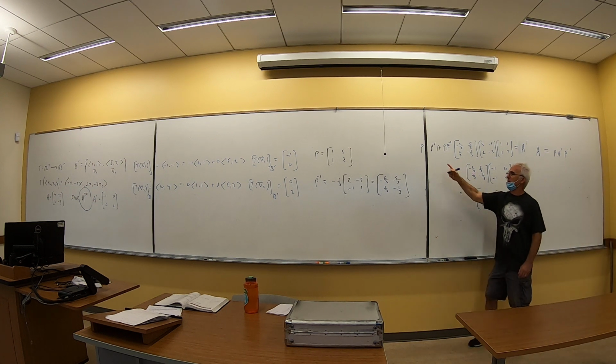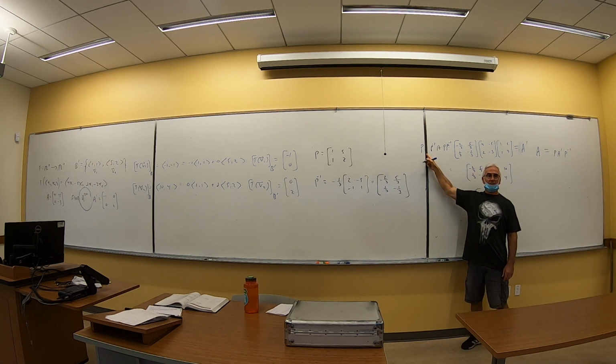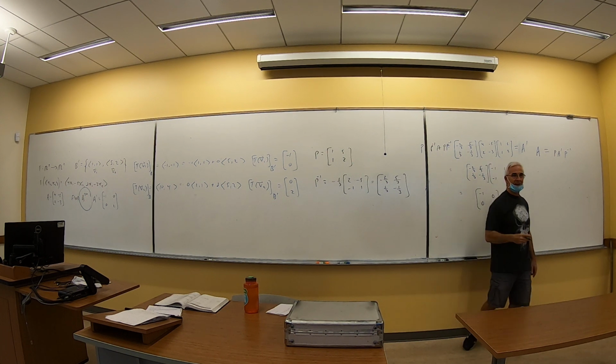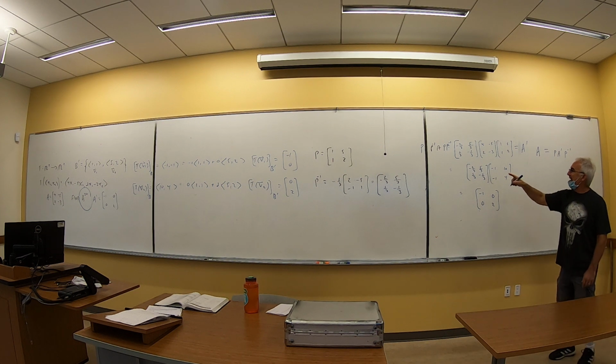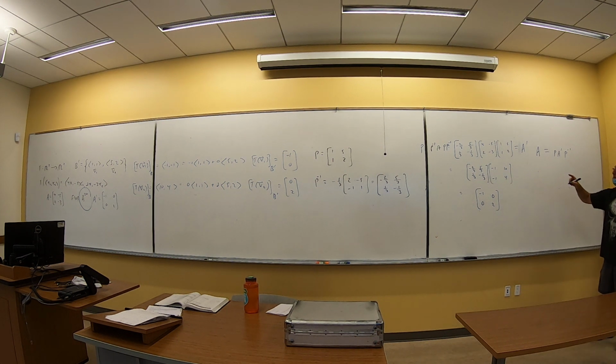Because what's P times P inverse? Identity. And identity times A is just A. And over here, P inverse is identity. Oh, I have identity, A, identity, that's just A. If A prime equals P inverse AP, then doesn't A equal P, A prime, P inverse? You notice the P and the P inverse were in reverse order because I had to multiply, get rid of them.